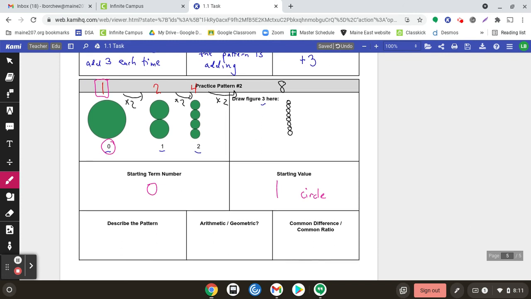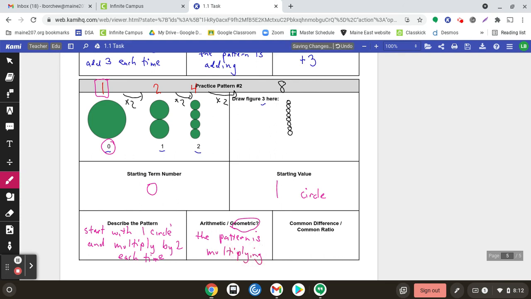Describing the pattern, I would say we start with 1 circle and we multiply by 2 each time. So if I'm multiplying, this is a geometric sequence because the pattern is multiplying.